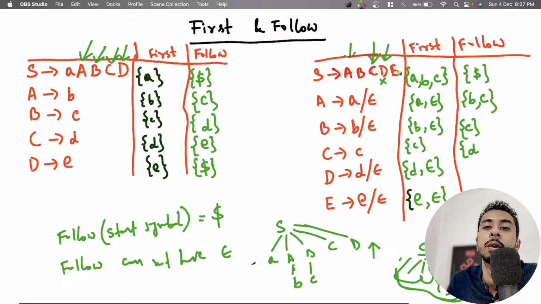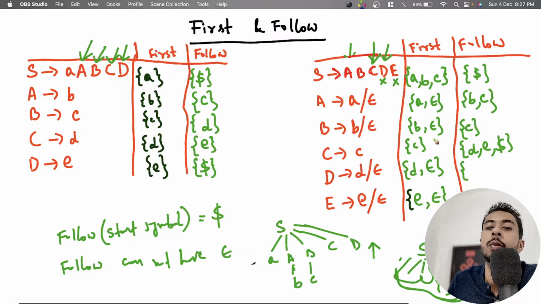So now C will be followed by E. So what is first of E? It is small e. Also, this E can be vanished using the epsilon. So if it is vanished, C comes at the end. Now, if C comes to the end, what is the follow of C? It is follow of S. Follow of S is dollar.